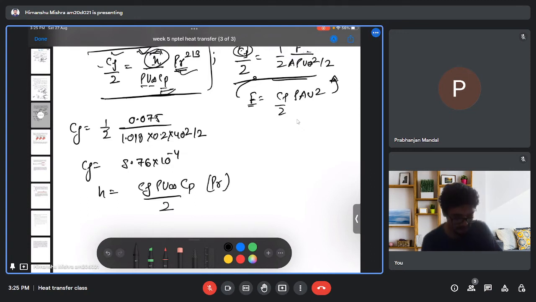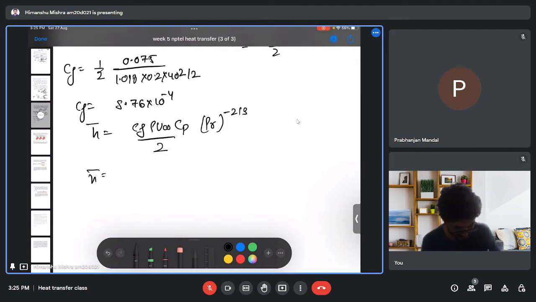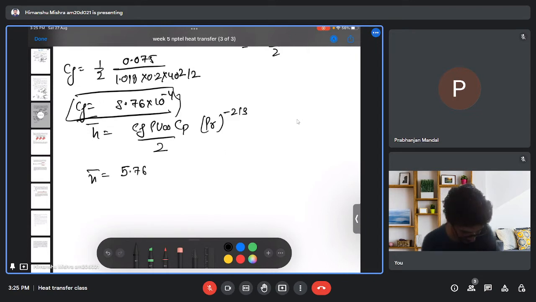I will take this Prandtl number to the right-hand side, so it will become minus 2 by 3. So we already have the drag coefficient. We just need to substitute these properties, that's all, to get this heat transfer coefficient.